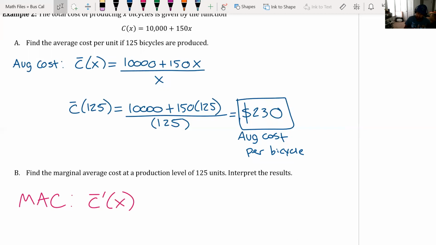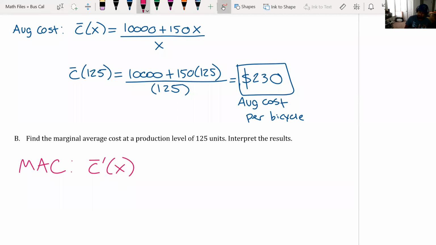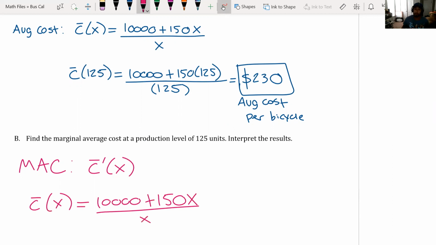Well, before we begin, we must take our average cost function from above, C bar of x, which is 10,000 plus 150x over x, and we must algebraically rewrite it because we cannot take the derivative in this form. So this is just like 9.5's lesson.